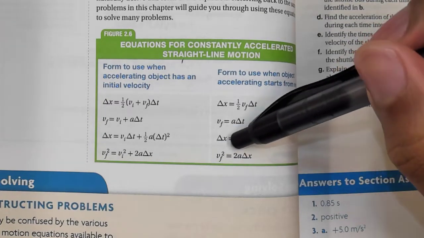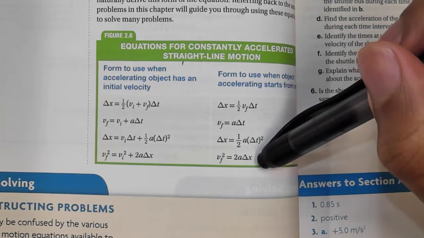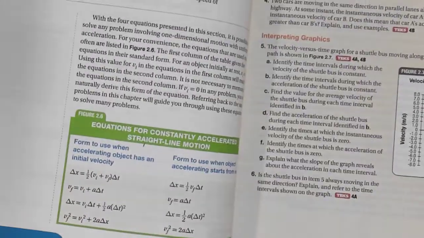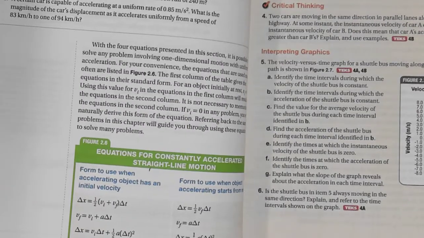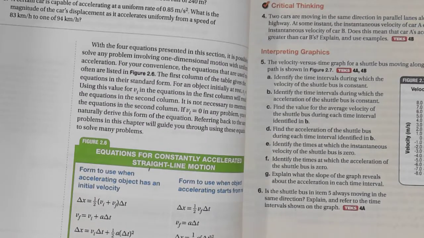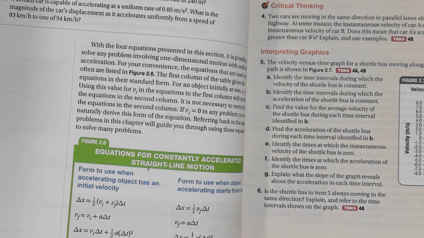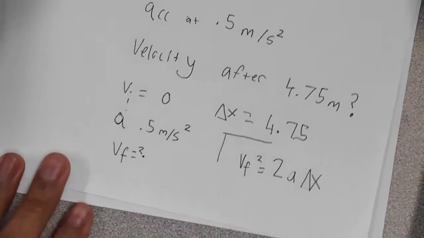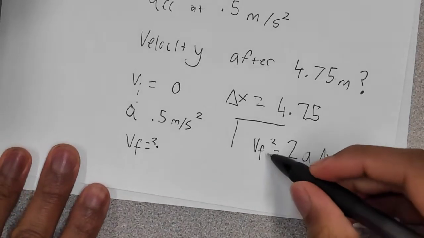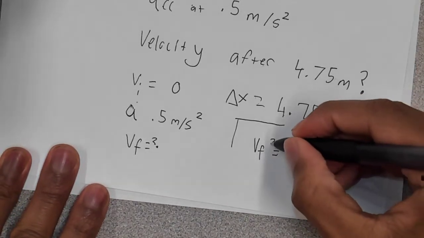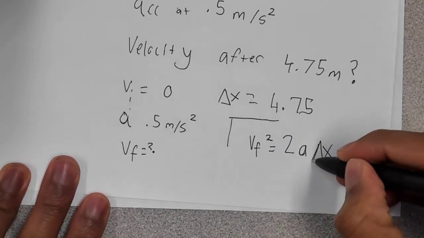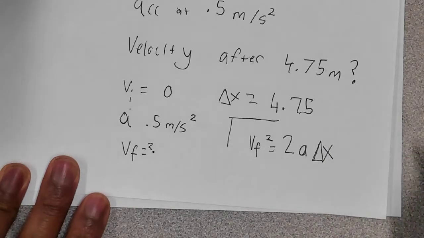Final velocity squared equals 2 times acceleration times displacement, or delta x.